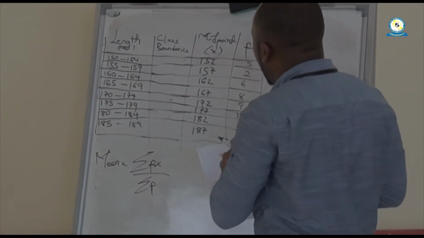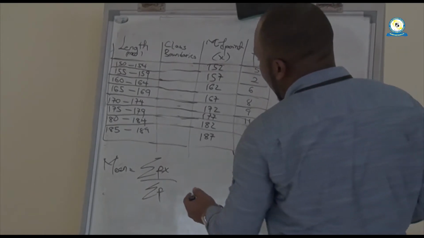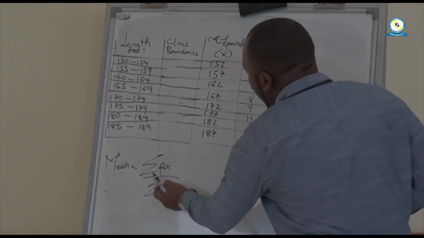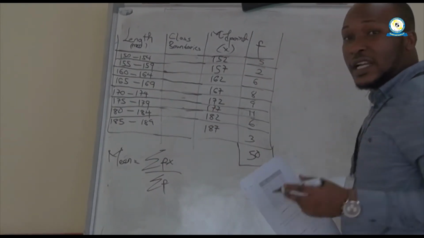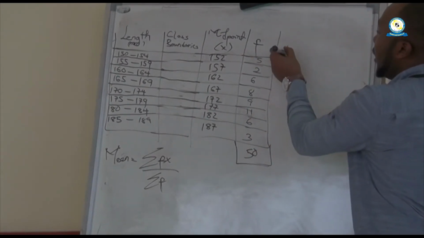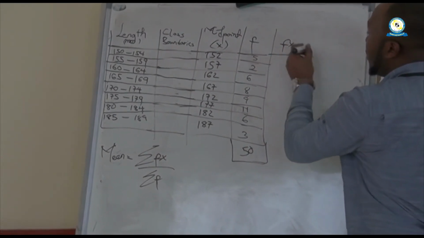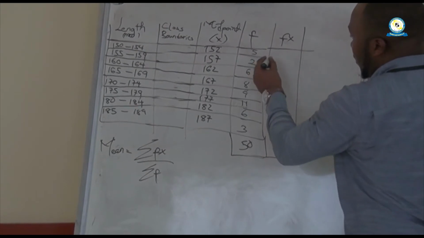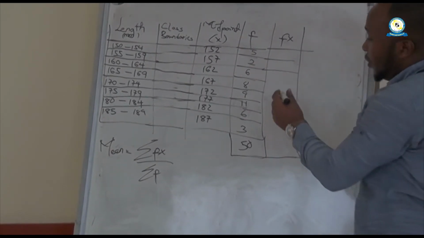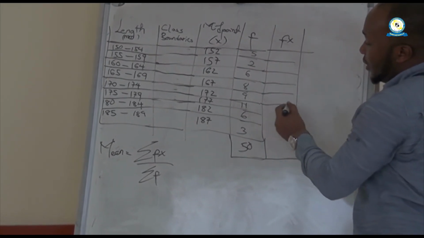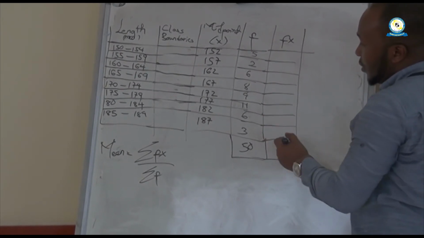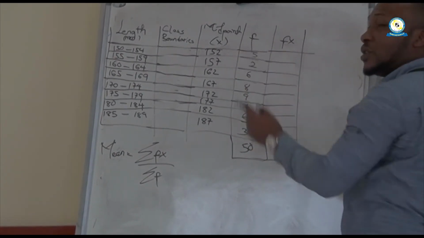Here we said we want a summation of f of x, which means we need to create another column of f of x, midpoint times frequency.